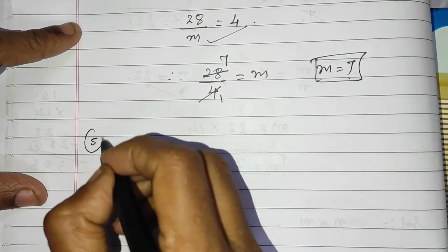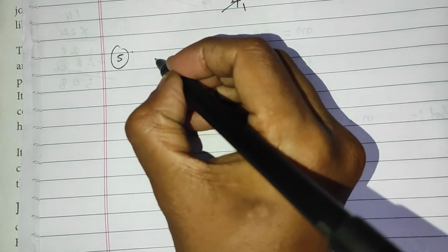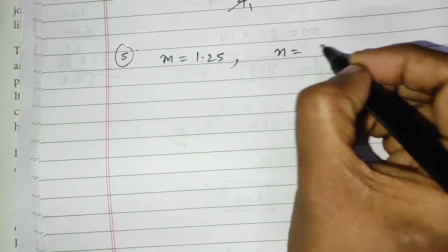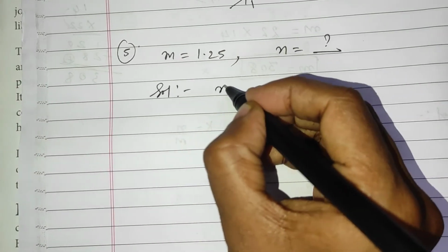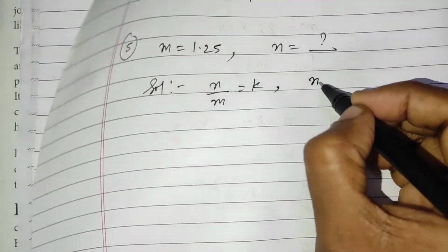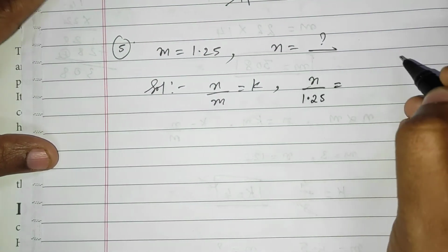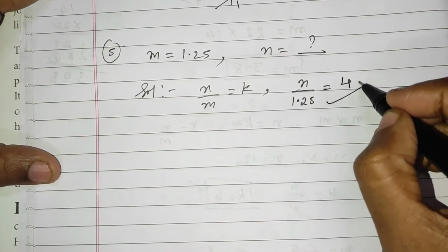Now let's see the last fill-up. Fifth one. Here m is equals to 1.25 and n is missing. As per given, n upon m is equals to k. So n is missing and m 1.25 is equals to 4. So this will go here.